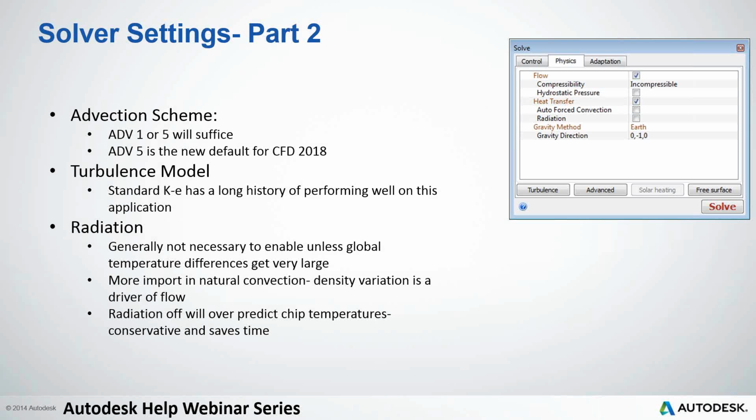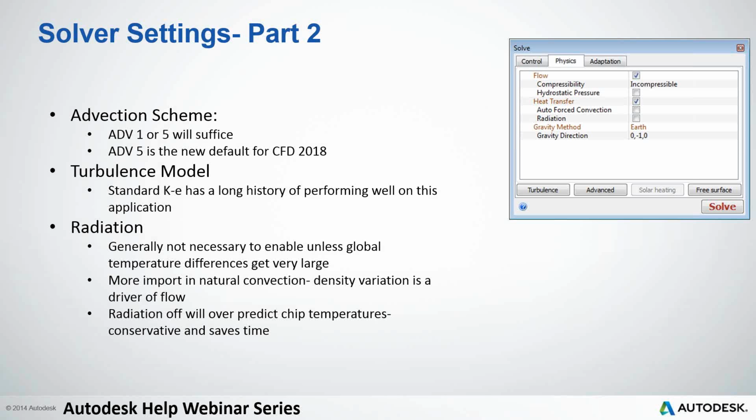The big reason there is that my temperature delta is really not that large in an electronics box. I had an ambient of 20 C and max chip temperatures, even in my later cases, were still under 100 C, I guess. I didn't really see that as critical to enable radiation.